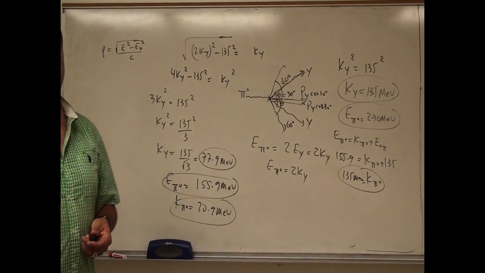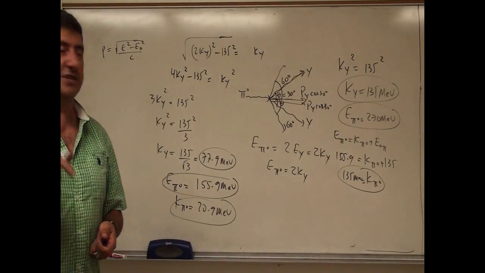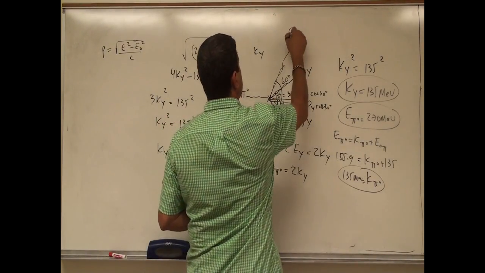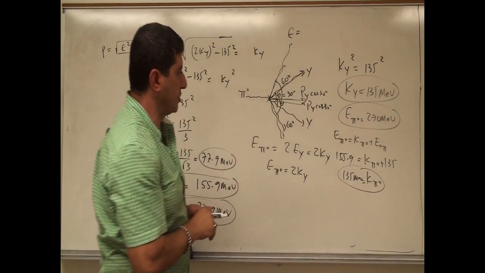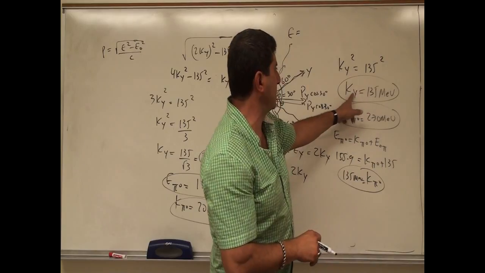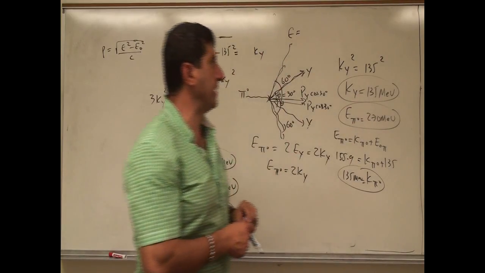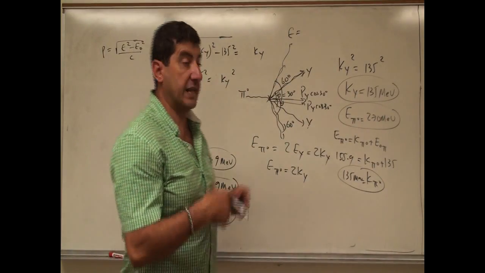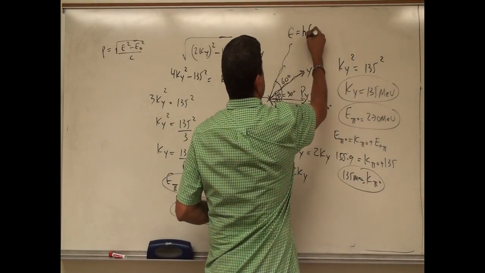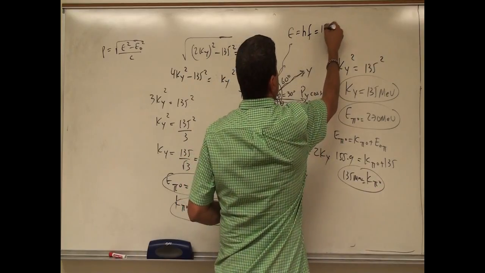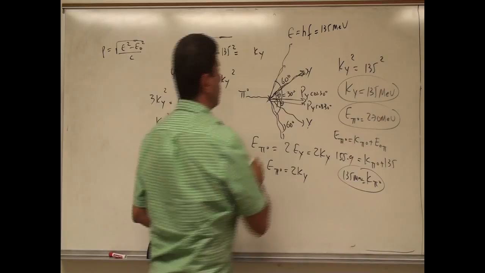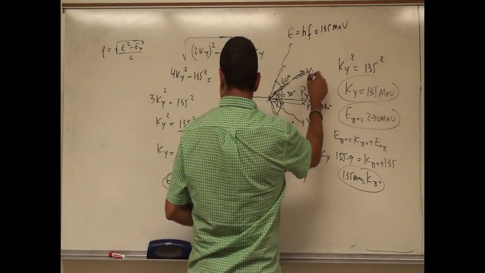Okay? The energy of the gamma particle is going to be based on its frequency, right? In this first case, the energy of the gamma particle is equal to 135 mega electron volts, the same thing as its kinetic energy. So the energy is Planck's constant times its frequency, 135 mega electron volts, at 30 degrees, right?